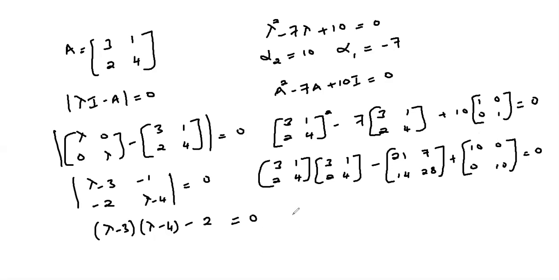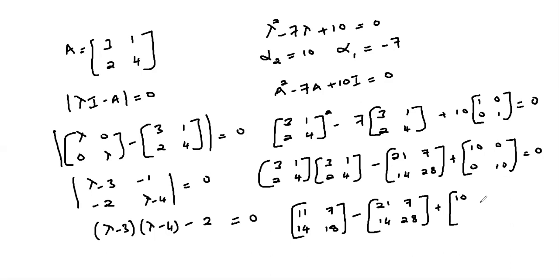Then we multiply out this matrix to get: 9 plus 2, which is 11, 3 plus 4, which is 7, 6 plus 8 is 14, and 2 plus 16 is 18, minus [21, 7; 14, 28], plus [10, 0; 0, 10] equals 0.